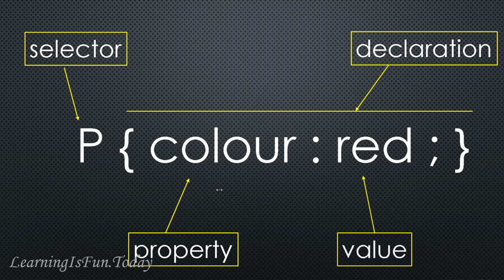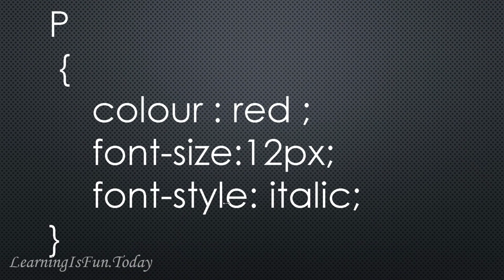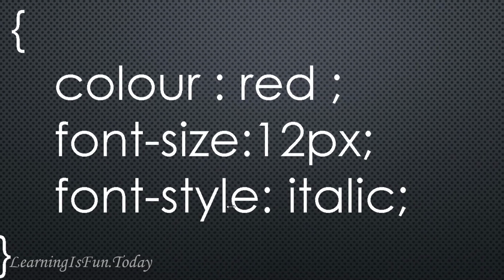And the next one is the value, what the property value is to be. If it is color, it can be different colors, hexadecimal values, and things like that. So we have a selector, a declaration within the curly brackets, and within that there's a property and value combination. Not only just one property, you can have multiple property and value combinations. Okay, you can write like this.